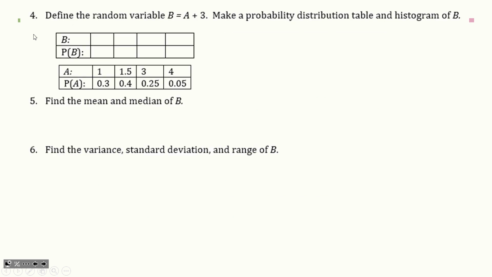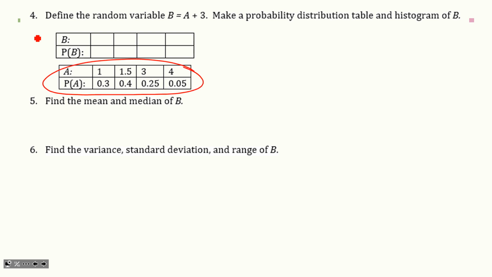Moving on. Now we're going to define the random variable B to be equal to A plus 3. So make a probability distribution table and a histogram of B, and you're going to see these questions are really repetitive. So, all right, I'm adding 3 to each of my possible outcomes for A. Well, here's A, right?